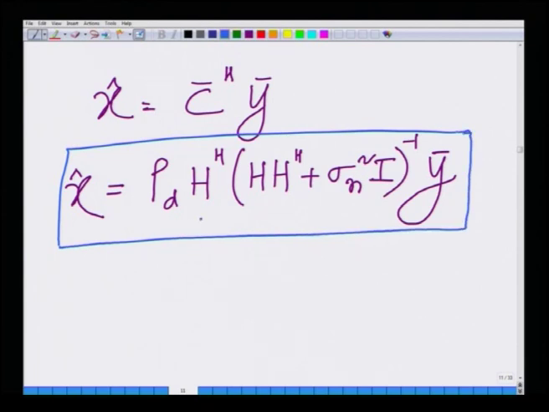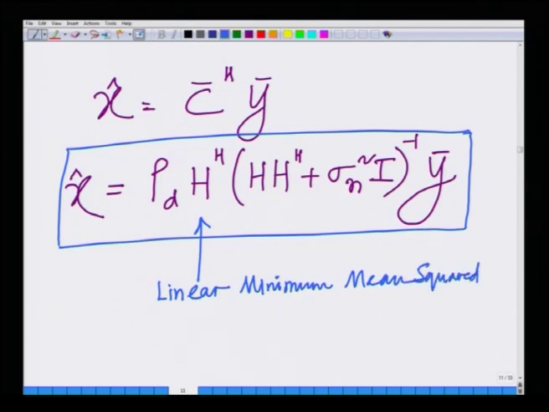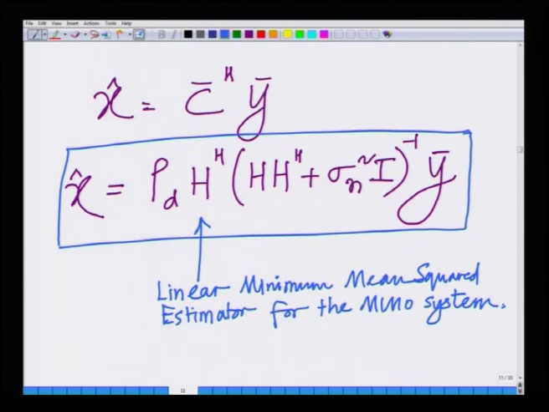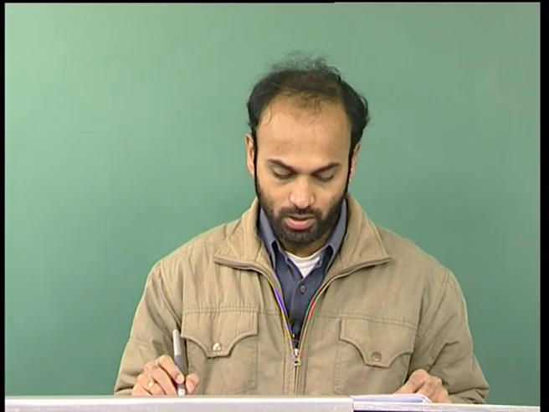So, this is the LMMSE estimator, the linear minimum mean squared estimator for the MIMO system. All right.